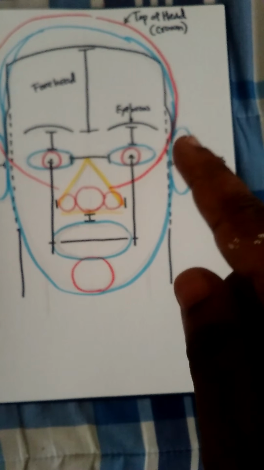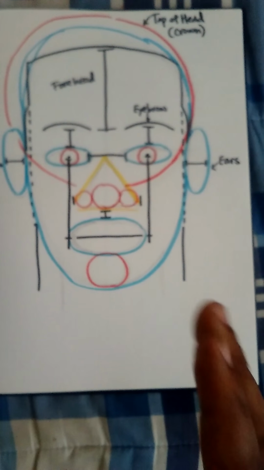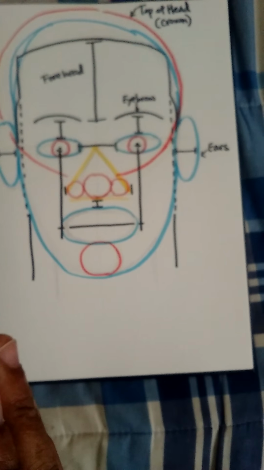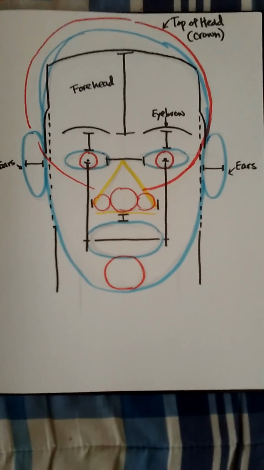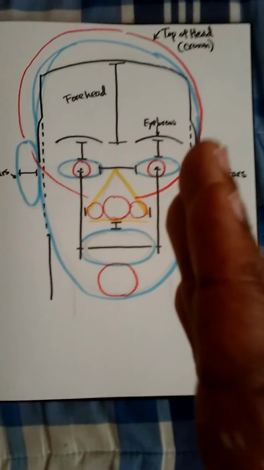You see the ears and how far they protrude. And you go down to the neckline. This is pretty much the basic form of the human face from the frontal view.